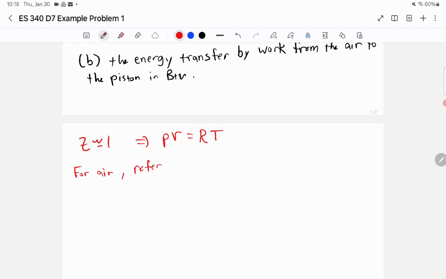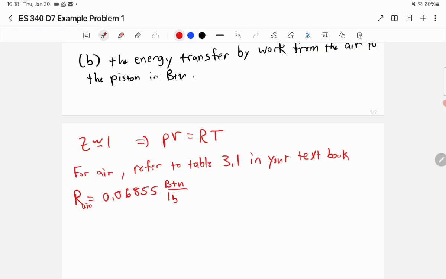Now for air, refer to table 3.1 in your textbook. Okay, so this is where I'm going to get this value from. And I find that R of air is equal to 0.06855 BTU per pound degree Rankine.